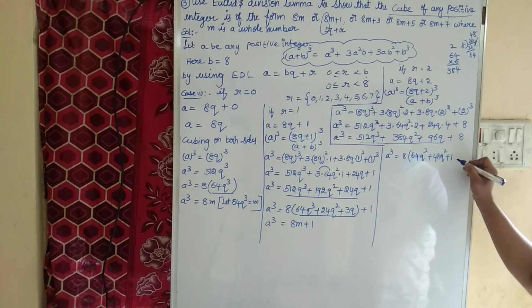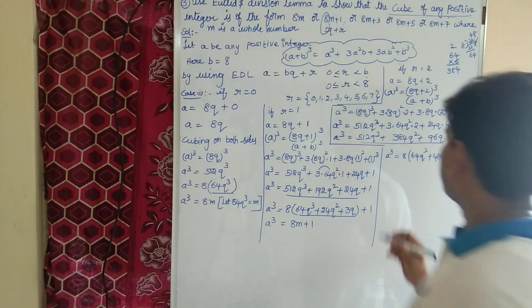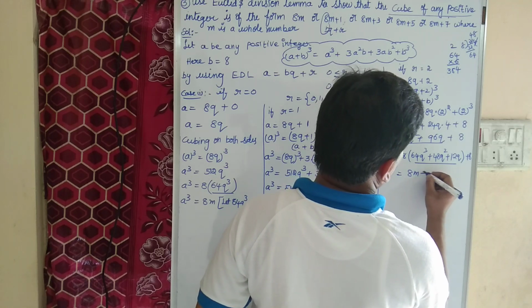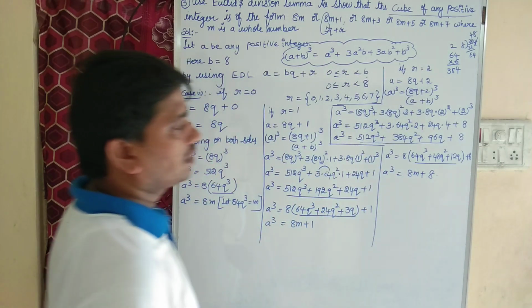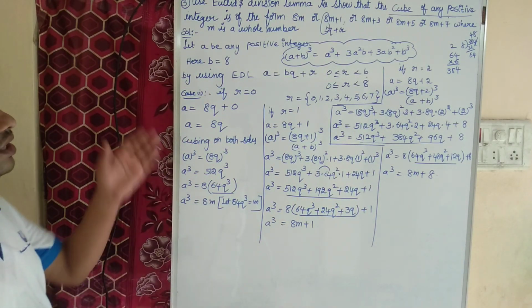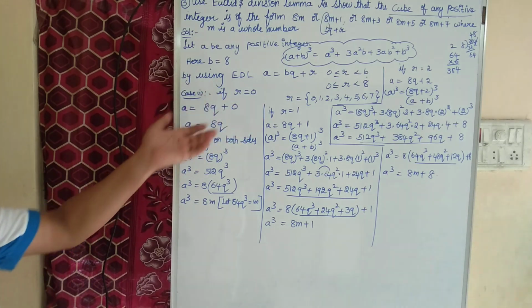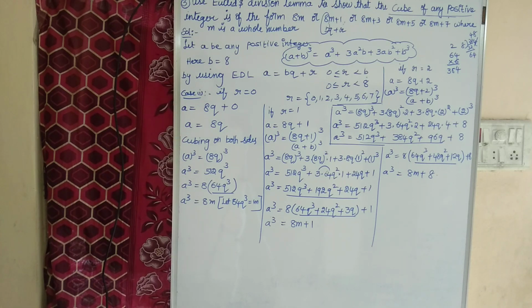Plus 8 how much? 8 1 ja 8. Plus 8. So a cube equals, this I can consider as m, 8m plus 8. Okay. 8m plus 1 or 8m plus 3 or 8m plus 5 or 8m plus 7 and so on, right? Where m is some integer.